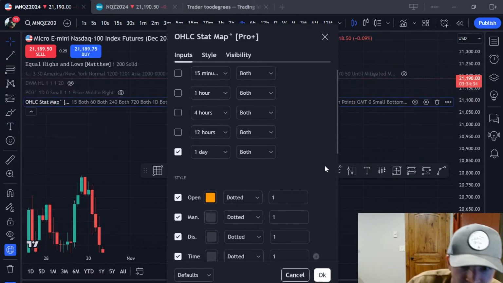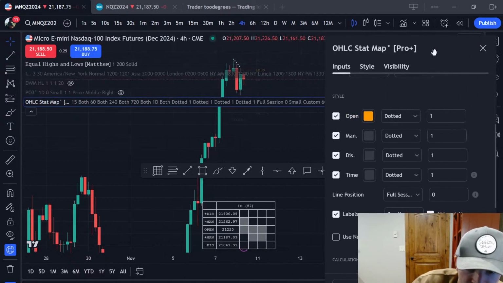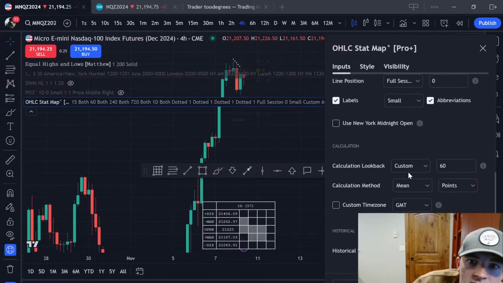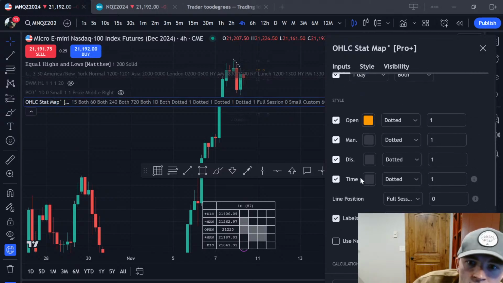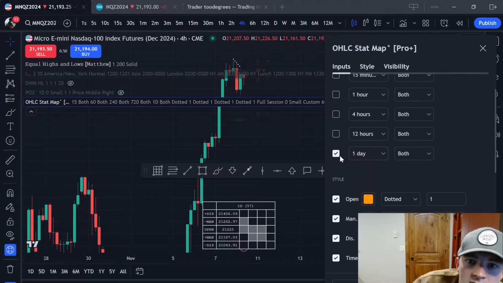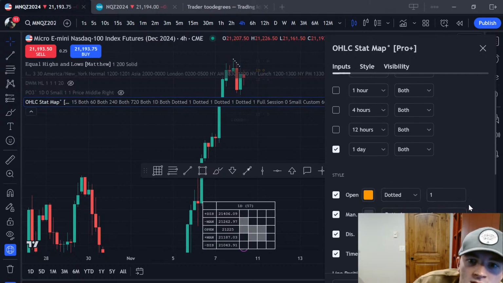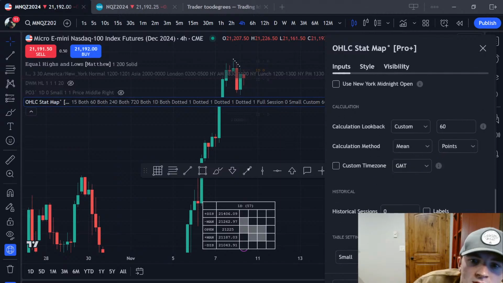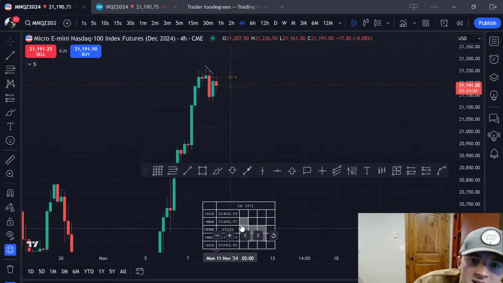I want to get rid of the, what's this little box? I don't want this here.